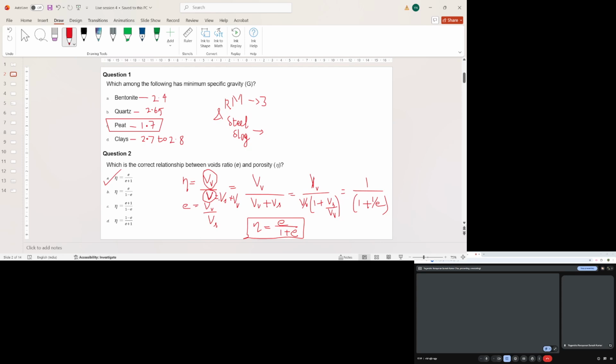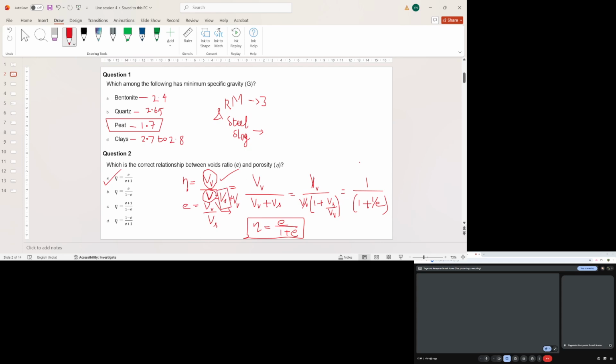But here we note that once we change the volume of voids, it is getting reflected in the total volume also. So the numerator is also changing and the denominator is also changing. So it is not a correct representation of a relative parameter for defining the state of the soil. But the parameter which is constant here is the volume of solids.